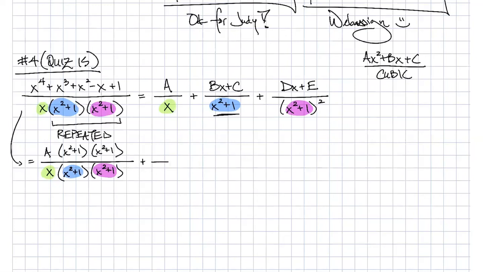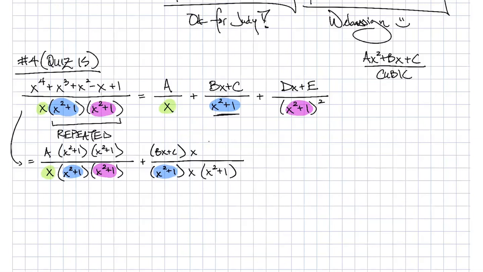Now, let's think about what that second fraction means. Well, it has the blue one. So we need the green x, and we need the purple x squared plus 1.